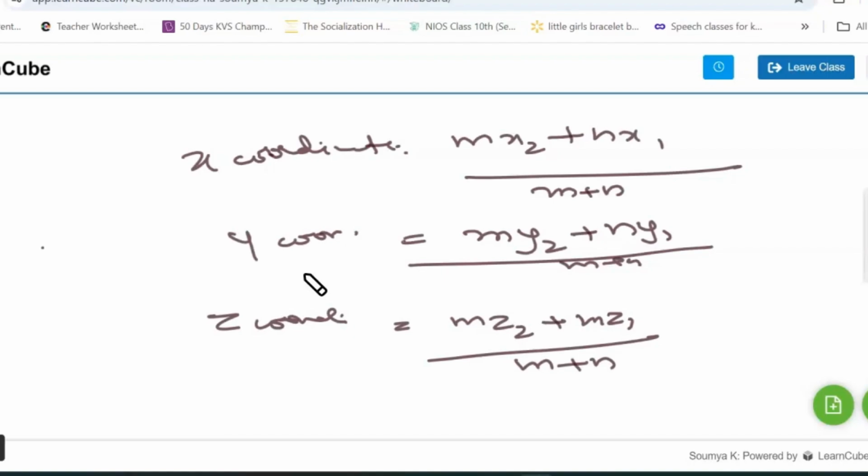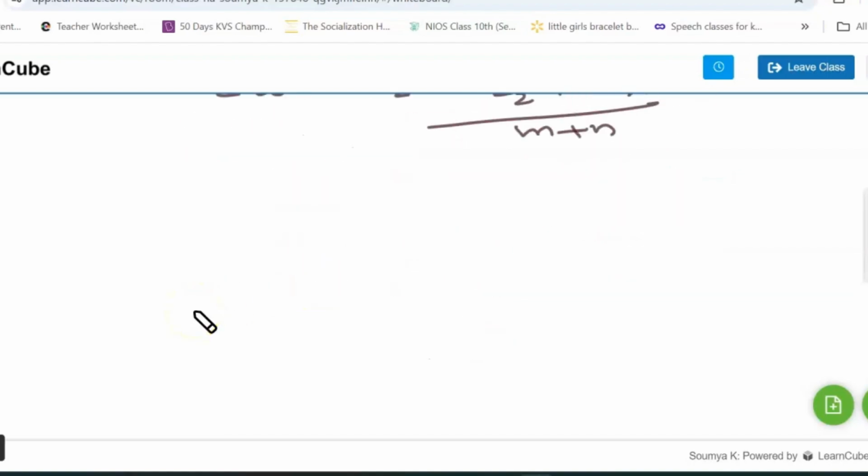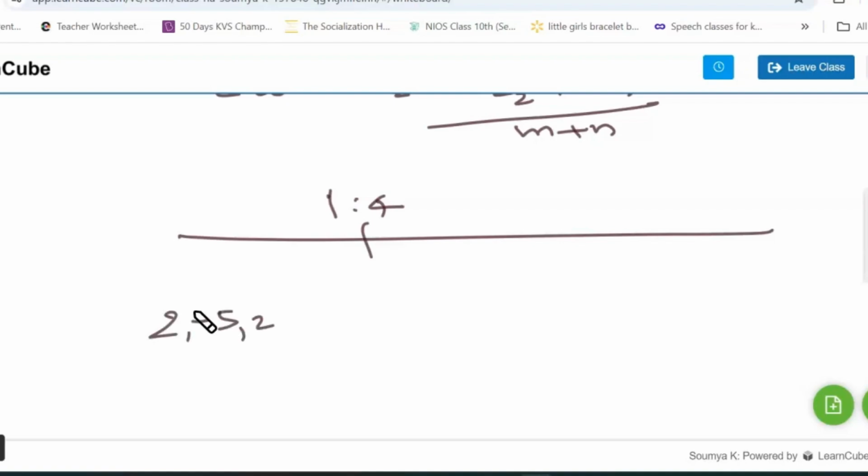Apply these and find out the solution. So let's do it. This is the line segment. 1:4 is the division, and here you have got 2, minus 5, 2 and minus 3, 5 and 2. Now do this for the x coordinate. You will get 1 into minus 3.